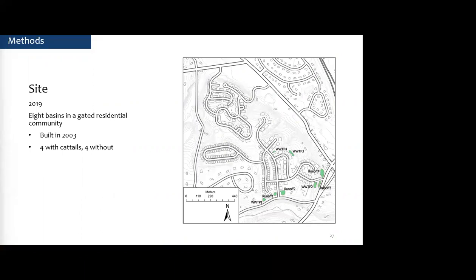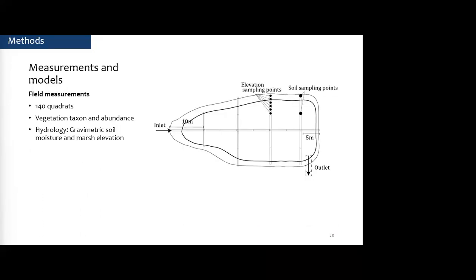So as close as possible, this was a controlled system compared to the regional sample in which the basins were all different ages and maintained by different entities. At this site, I chose 4 basins with cattails and then 4 without, so that I could assess the range of hydrology conditions associated both with cattails and with other types of communities.